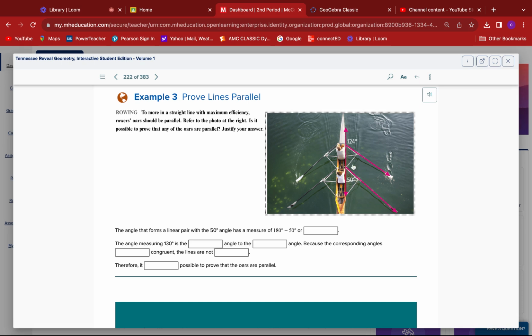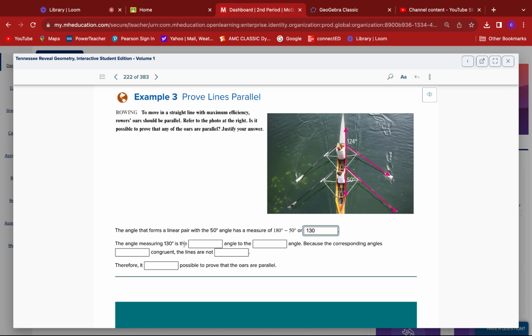So the question is, do they add up to be 180? Well, let's take 180 and subtract 50. And 180 minus 50 is 130. And since that is not 124 degrees, the lines are not parallel. So something with these two rowers is off.